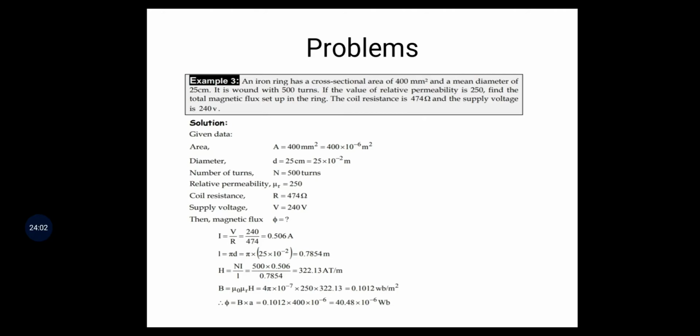Then we find the current I. By Ohm's law, I equal to V by R, which is 240 divided by 474, equal to 0.506 amperes.